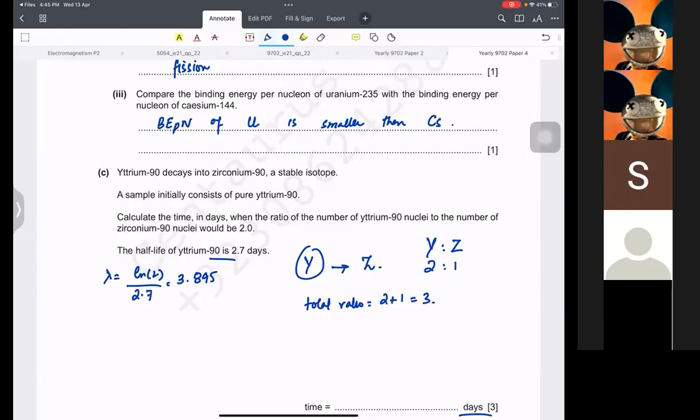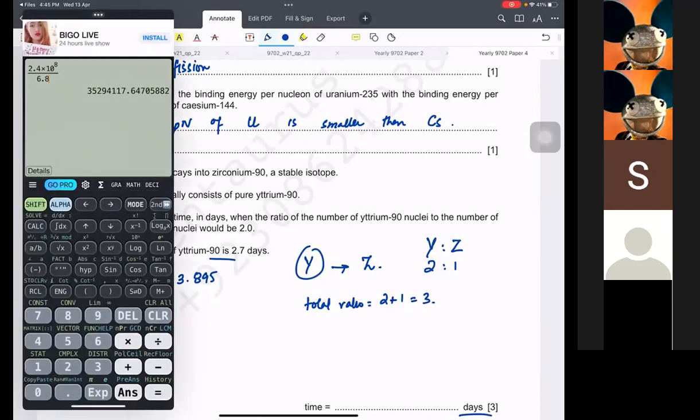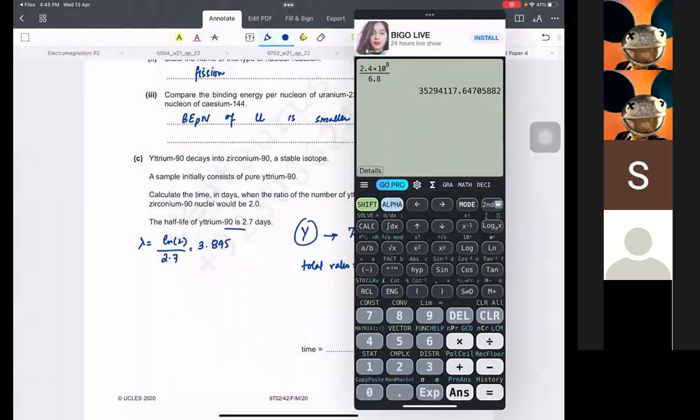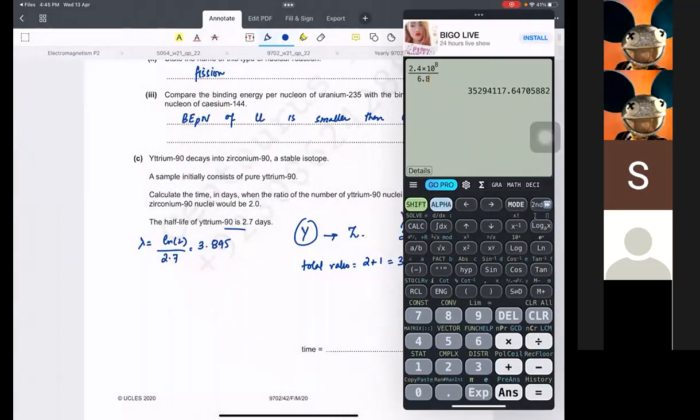What is your lambda? 0.5? 0.25? Okay. So 0.26 is coming. Okay, I did it wrong. 0.226. Wow. Lisa is right.